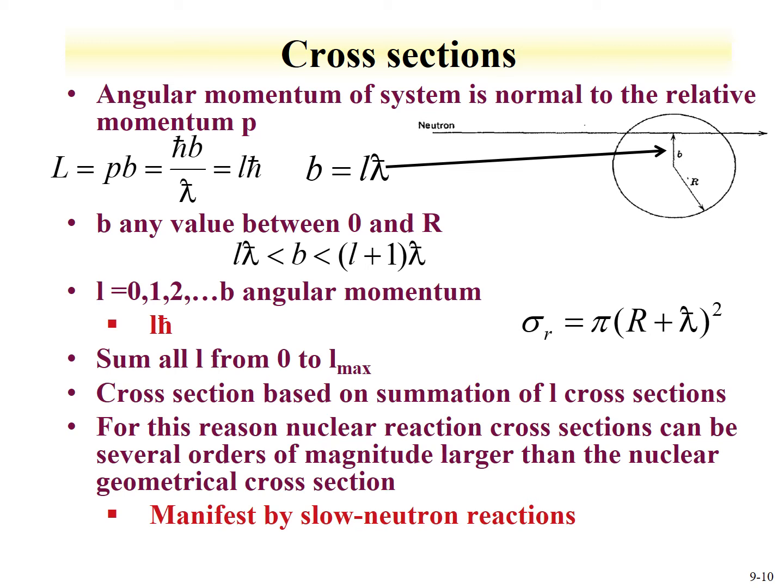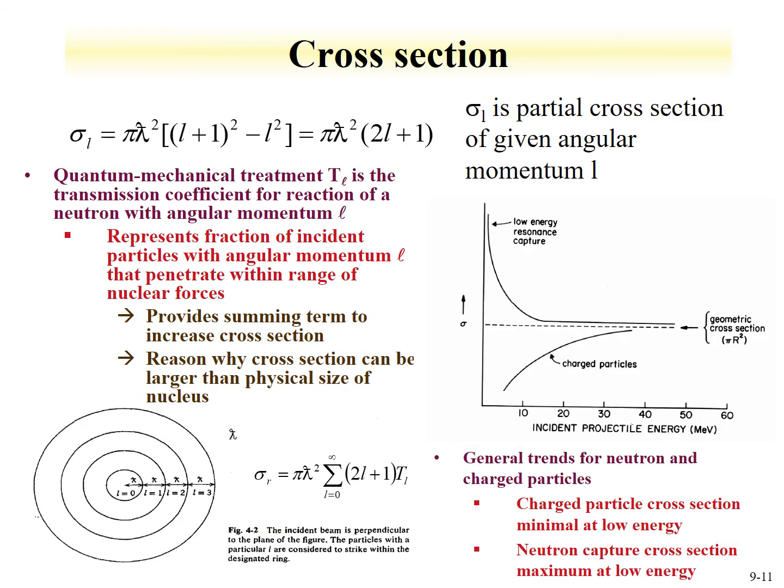And it's for this reason that nuclear reaction cross-sections can be much larger than the nuclear geometric cross-section, so the physical space. And this is really manifest by slow neutron reactions. Some of the details that we just discussed are listed here, where the cross-section for any angular momentum can be derived from this equation.